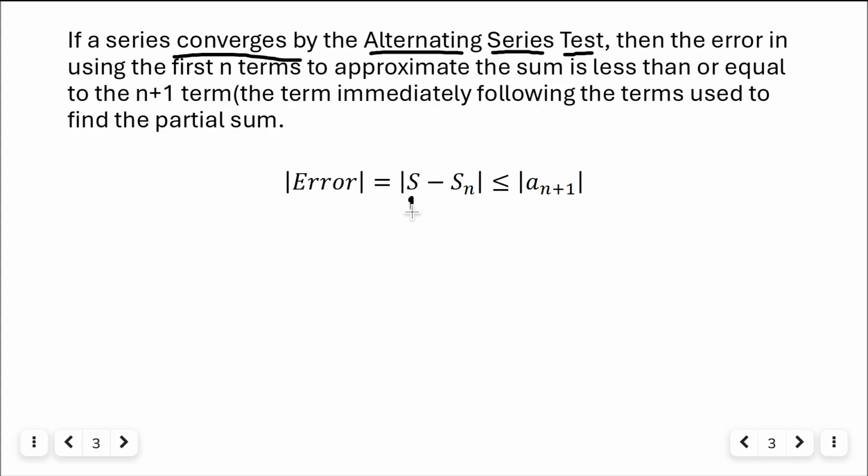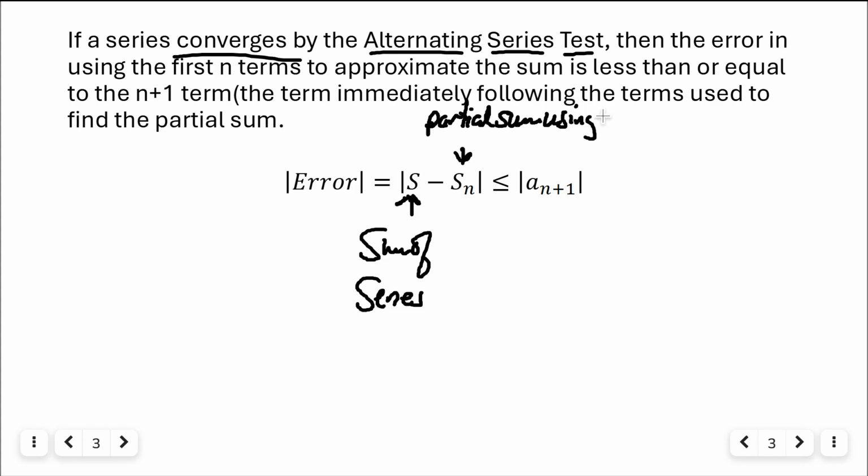So first things first, S is the sum of the series. S sub n is the partial sum using n terms. So however many you want, okay?